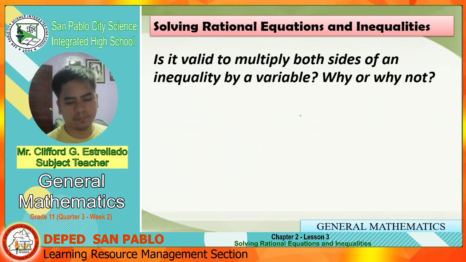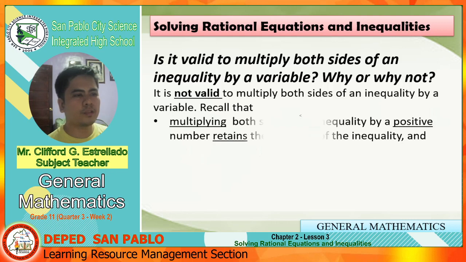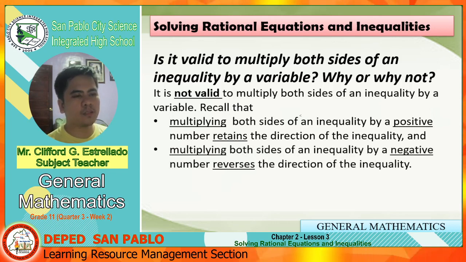Okay? So let us recall. It is not valid to multiply both sides of an inequality by a variable. Recall that multiplying both sides of an inequality by a positive number retains the direction of the inequality, and multiplying both sides by a negative number reverses the direction of the inequality. The same is also true if we are dividing both sides of an inequality by a positive number, it will also retain the direction of the inequality.